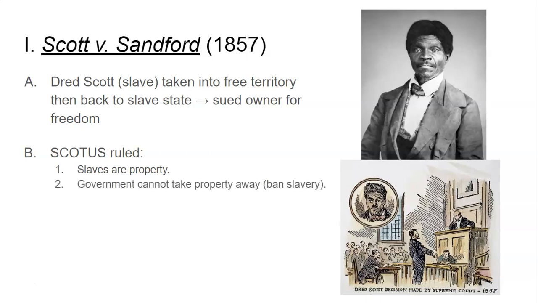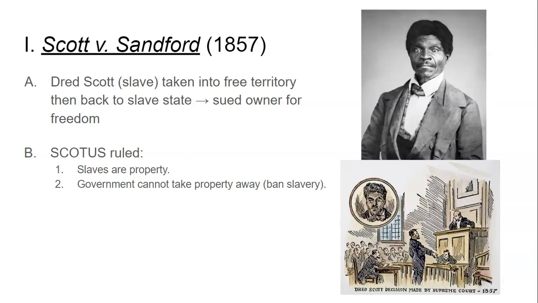And so at this point, the Supreme Court basically says, listen, Dred Scott shouldn't have even been able to sue because he's not a person, he's not a citizen of the United States, he's property. But the Supreme Court says, while we're here, we're going to make a few other statements about slavery as well. So, number two, the government cannot take property away from its citizens.